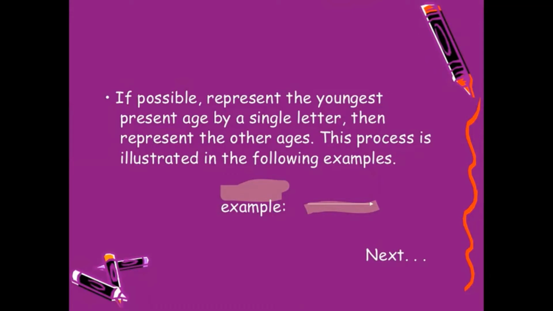Because if you can calculate the age of the youngest person in the story, you can add something more to get the other person. So the basic digit is the youngest person's age. We will make the relation and I will explain over there.